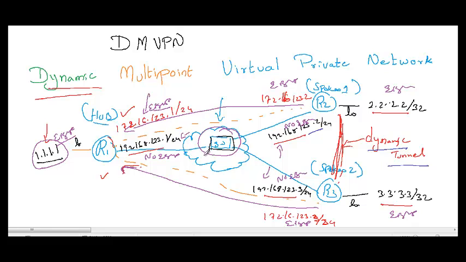So I may be running some other routing protocol like OSPF only for the public IP address reachability, and you will not see any route for the loopbacks on the middle router. You will not see 111, 222, 333 on this router, but still the packets will be forwarded to reach 111, 222, 333.